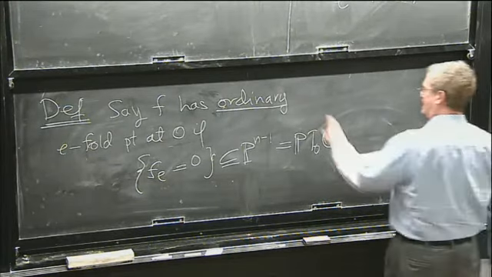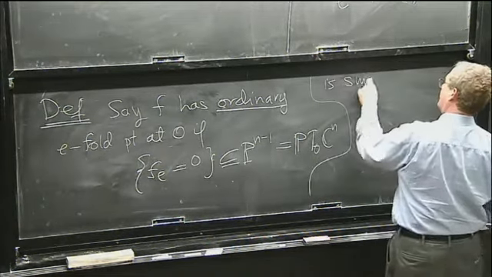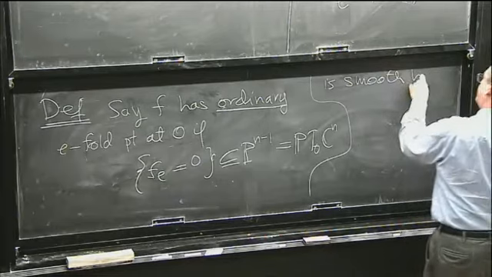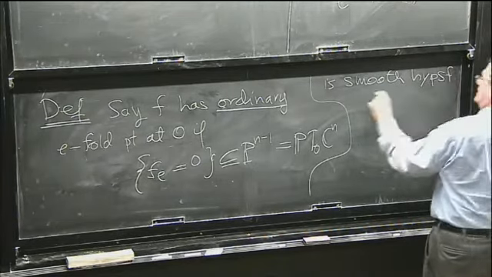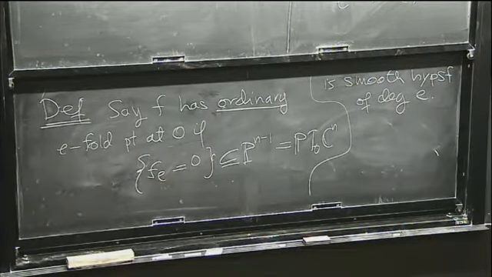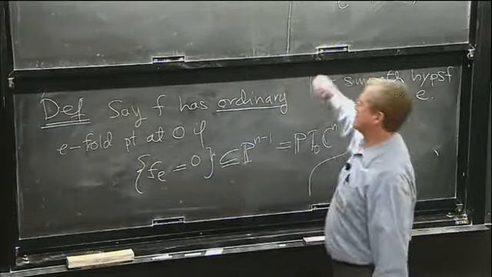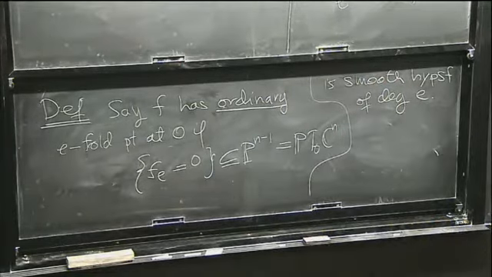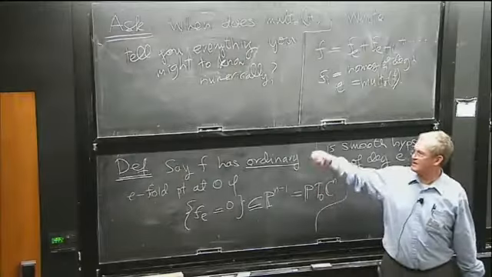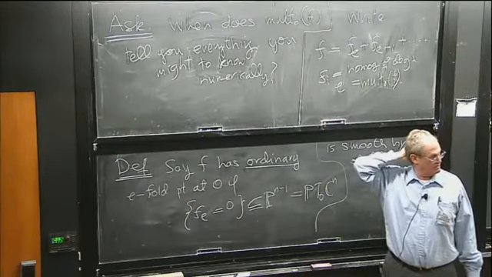And what we will ask is that this hypersurface is a smooth hypersurface in projective space of degree e. This f sub e equals 0 is what's called the tangent cone to the hypersurface. Our definition of an ordinary singularity is that this hypersurface defined by the lowest degree term of f is as nice as it could possibly be.